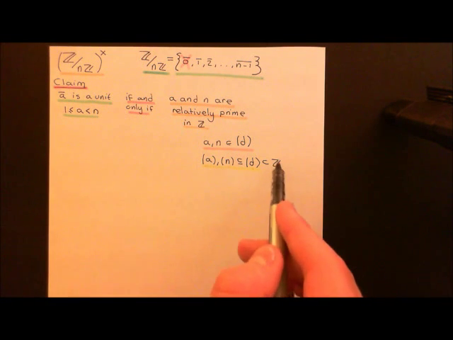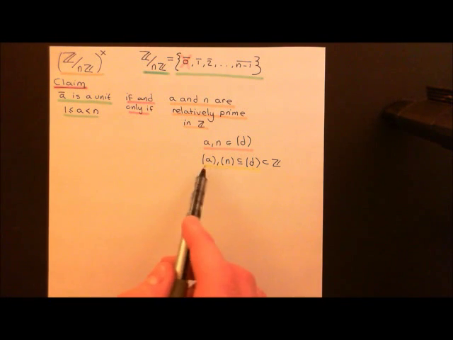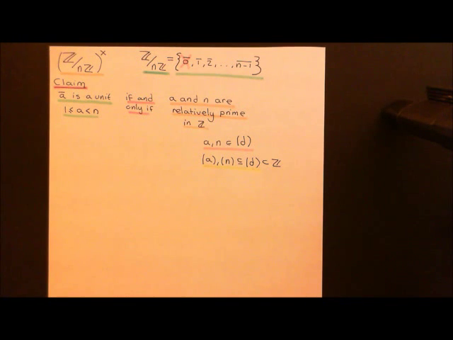The only ideal of the ring of integers which contains the ideal generated by A and the ideal generated by N is the unit ideal. That's what, in terms of ideals, it means for A and N to be relatively prime in the integers.